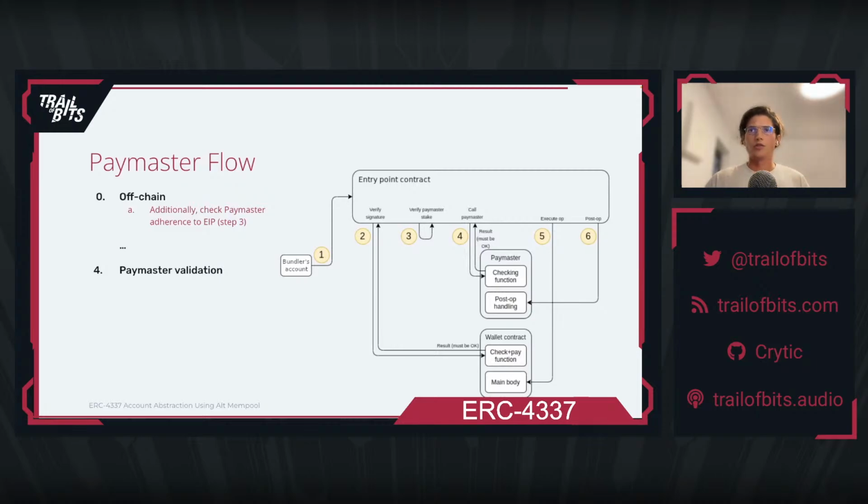Then it also verifies that the paymaster is willing to pay upfront for the gas. That is step 4, the paymaster validation. In step 5, the user op is executed. And in step 6, the paymaster post-op is executed if the paymaster so desires.